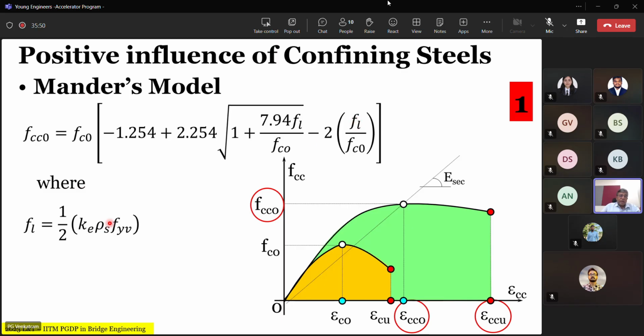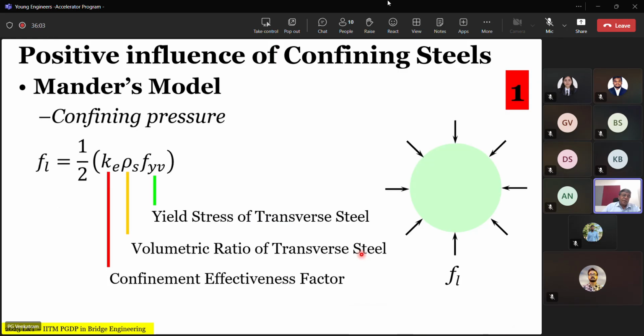And that effective confinement depends on three parameters: Ke, rho s, and FYP. Obviously it depends upon the confinement pressure, and confinement pressure depends on these three: the yield stress of the transverse steel, the volumetric ratio of the transverse steel, and the confinement effectiveness factor.